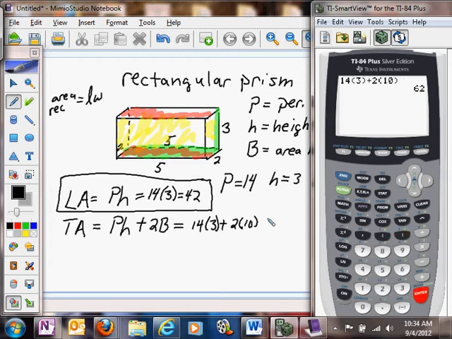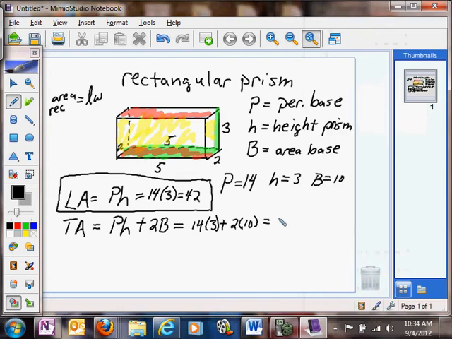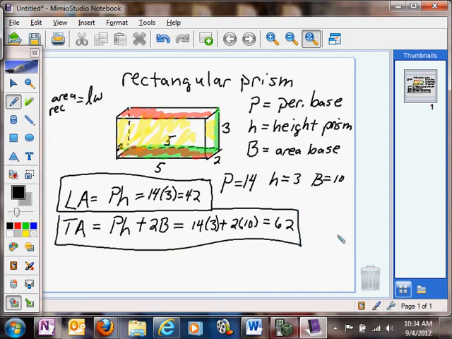And I get 62. So my total area is 62. And that is how you find the lateral surface area and the total surface area of a rectangular prism.